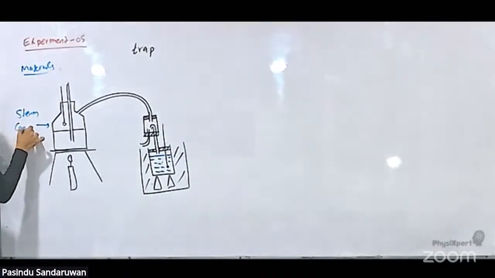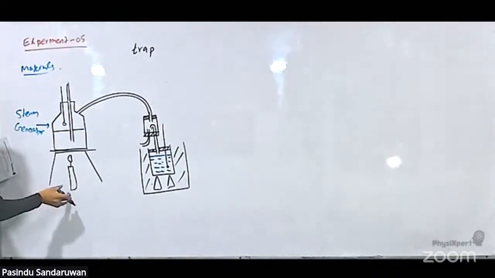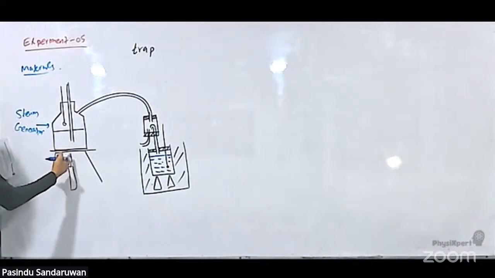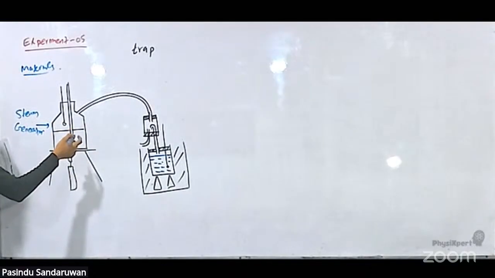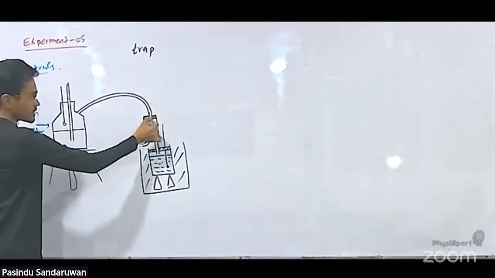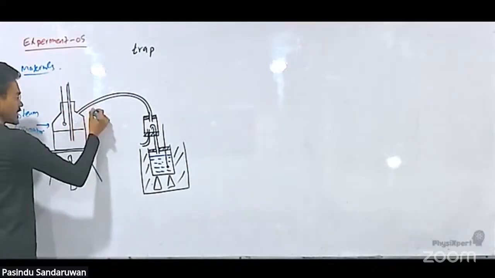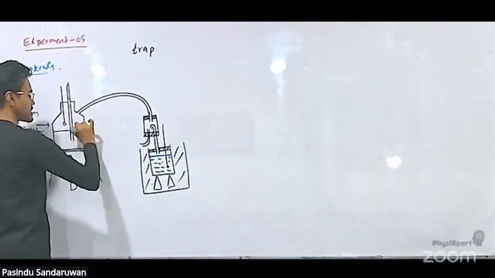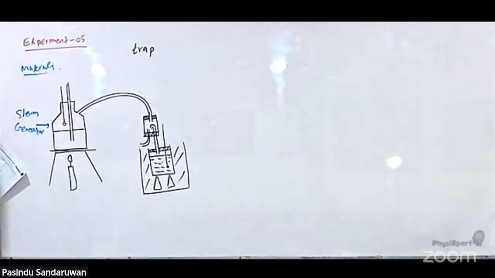When we heat it with the Bunsen burner, there is water inside, and when it is heated to the boiling point, steam generates. To take that steam as an output, this tube is put, and the generated steam can come along this tube to this one.